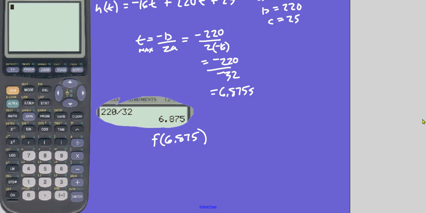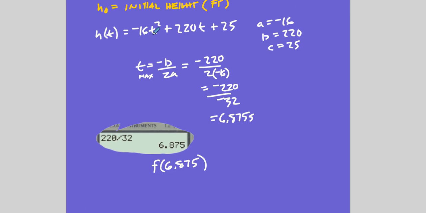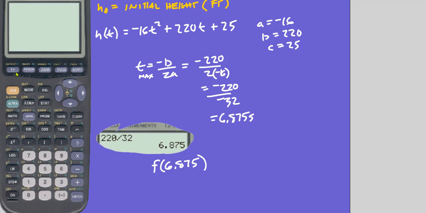If you didn't have a graphing calculator, you could go negative 16 times 6.875 squared plus 220 times 6.875 plus 25. But I'm going to use the graphing calculator, so I have to change my function this time, because now it's different. It's negative 16 x squared plus 220x, or t, plus 25.